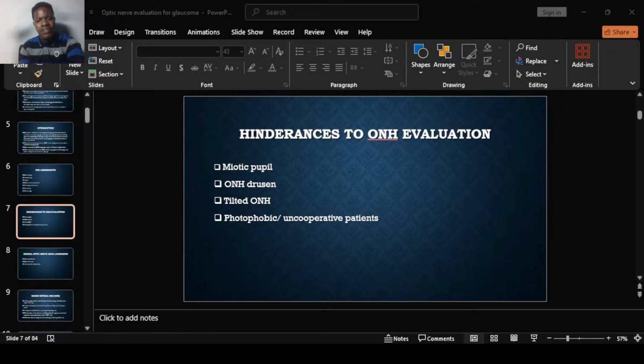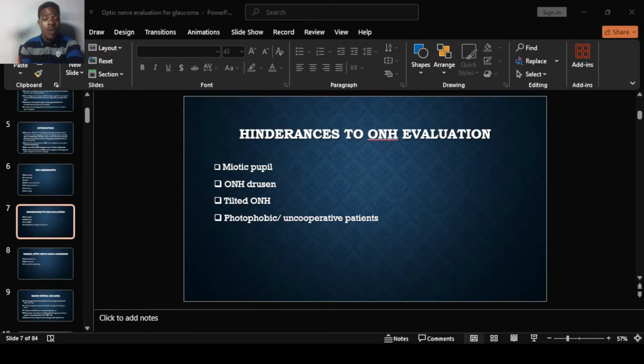Well, either way, a small pupil might reduce your ability to see the optic nerve head effectively. So this is one of the common challenges we might face in the clinic. Now, how do we overcome it? We can dilate the eyes if, after checking the eye pressure and assessing the anterior chamber, it is fine and the pressure is normal, it is safe to dilate.